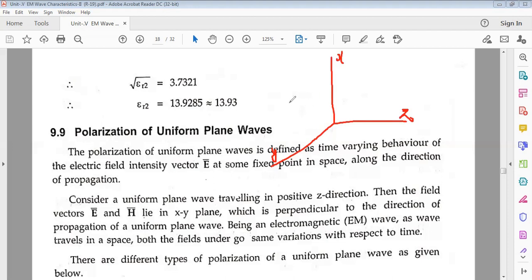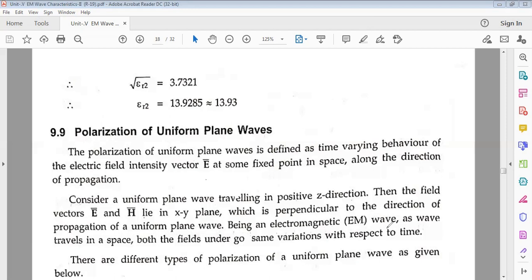The wave is traveling in the Z direction. The remaining two are perpendicular. So the X is perpendicular to the Z, and Z is perpendicular to the Y, and the Y is perpendicular to the X. All three are mutually perpendicular, which is perpendicular to the direction of propagation of the uniform plane wave.